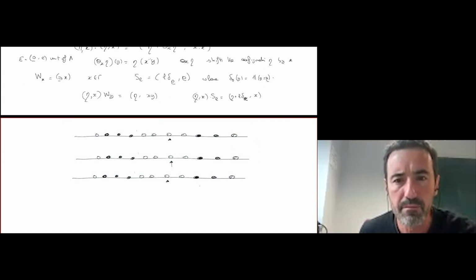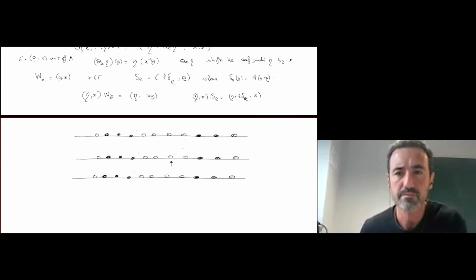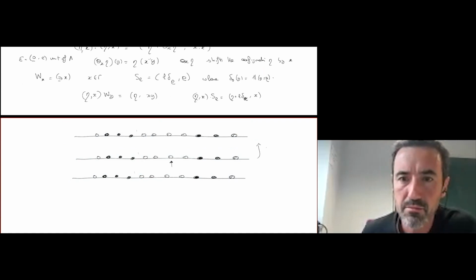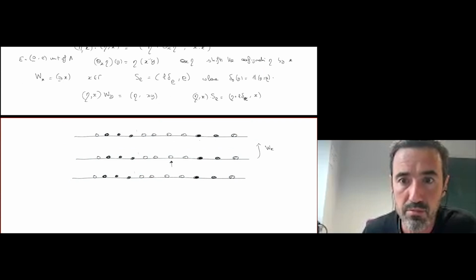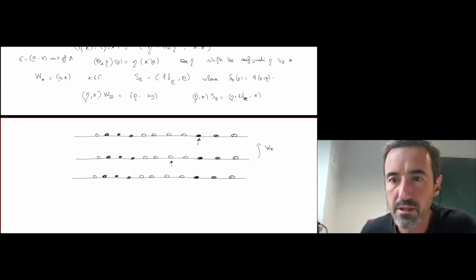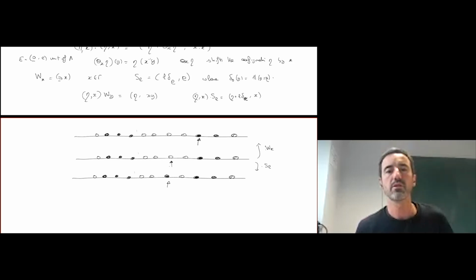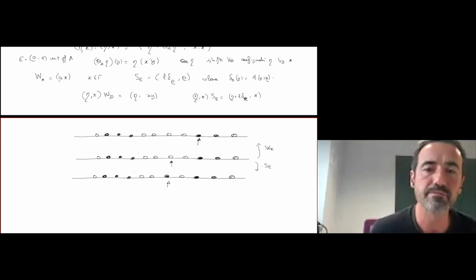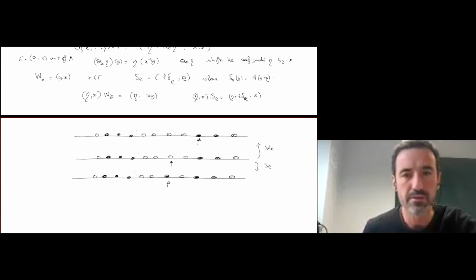If I multiply this configuration by, let's say, Wx, a work element, it will not modify the position of the lamps, but it will modify the position of the worker. And if I multiply this configuration by a lamp, I will not modify the position of the worker, but I will switch the value of the lamp at this position. So this is the lamplighter group.